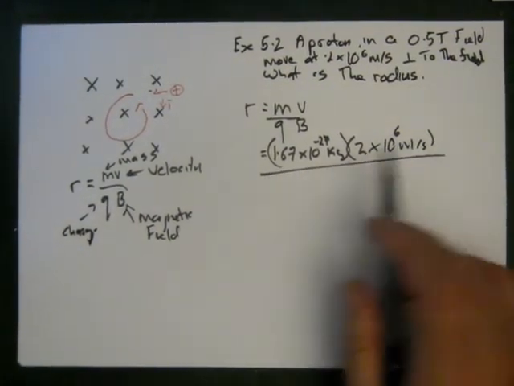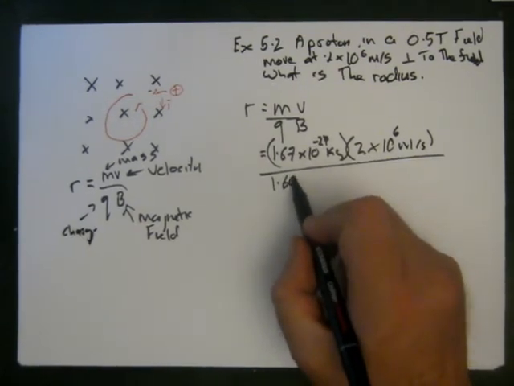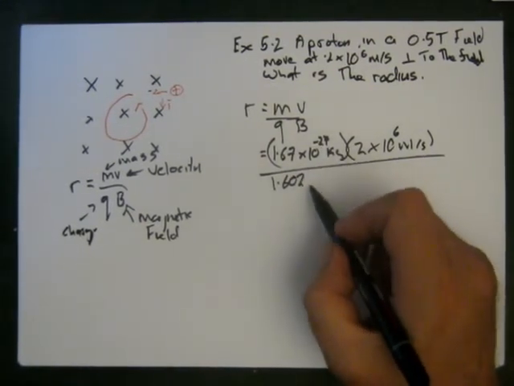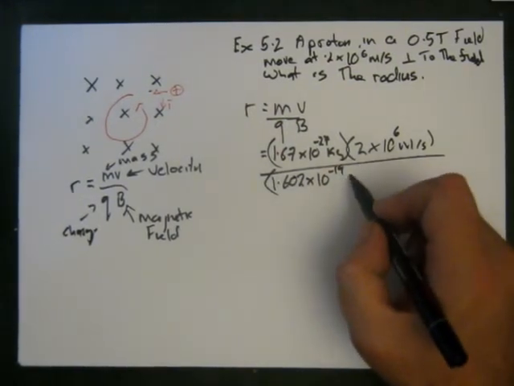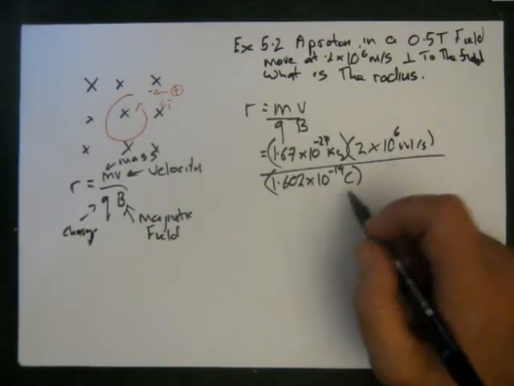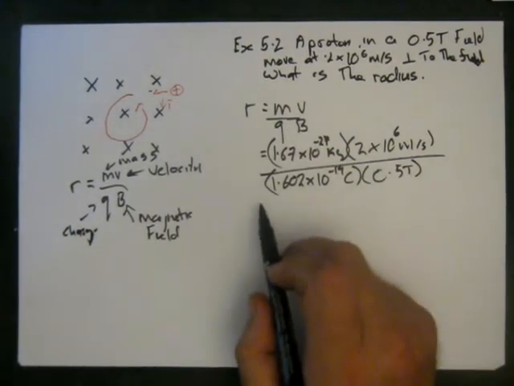We divide that by the charge, which we worked out earlier for a proton as an elementary charge, 1.602 times 10 to the negative 19 coulombs, and the magnetic field, which we said was 0.5 Tesla.